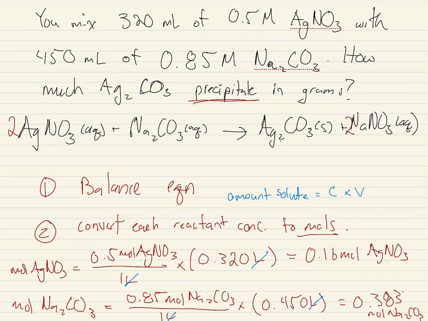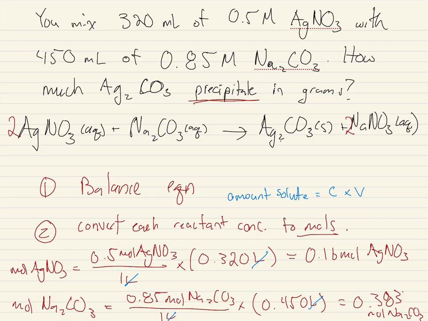So we're going to go from moles reactant to moles product for each of our reactants. Why do we have to test each of our reactants? Because we don't know which one's going to limit the reaction yet, right? We have to say, okay, we're mixing non-stoichiometric amounts. All right, we're not mixing exactly 2 moles of silver nitrate and 1 mole of sodium carbonate, right?